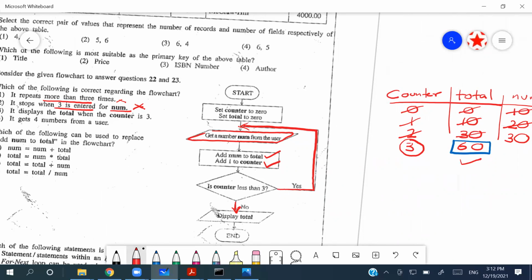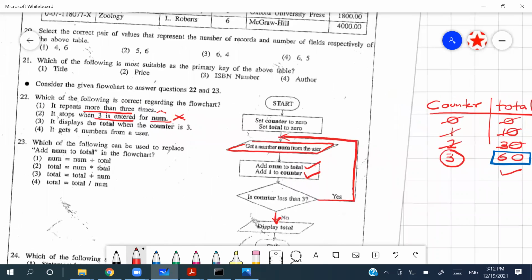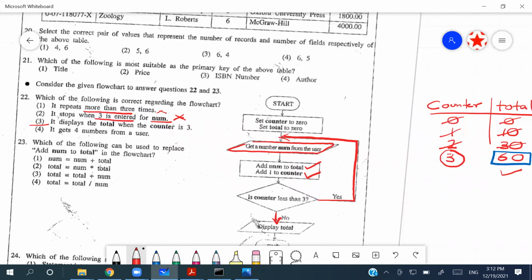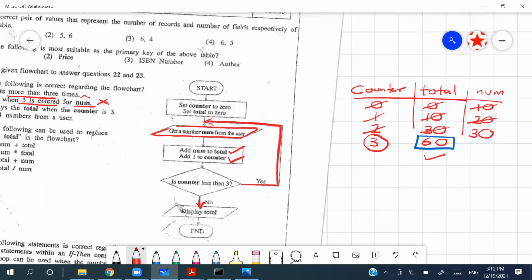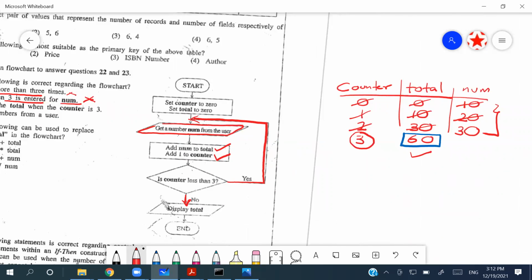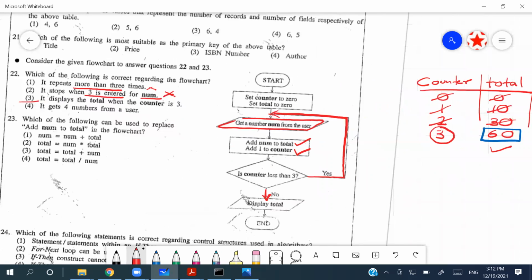So the third one can be taken as the answer. It gets 4 numbers from the user. No, it only gets 3 numbers from the user, which have been assigned to the variable called num. Right, so the correct answer is going to be the third one.